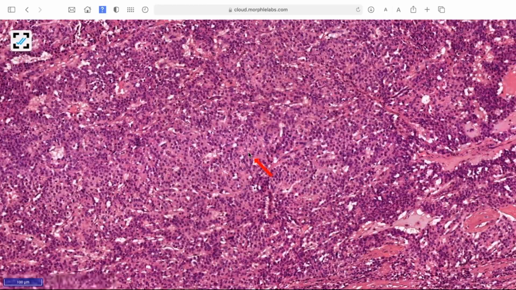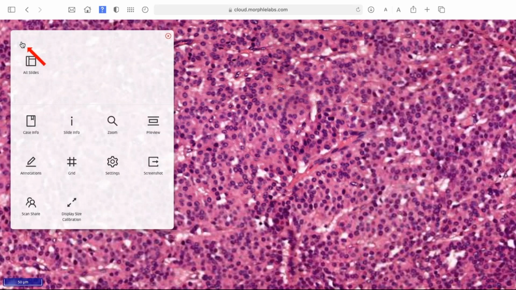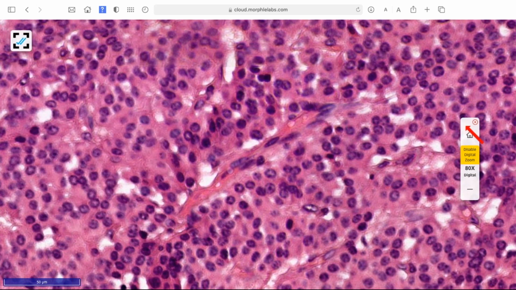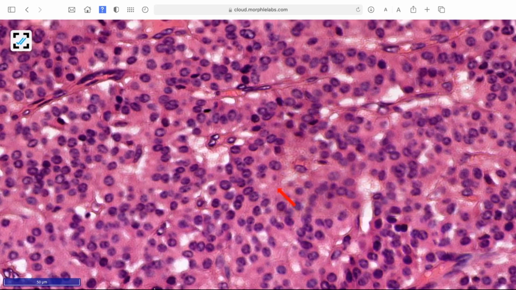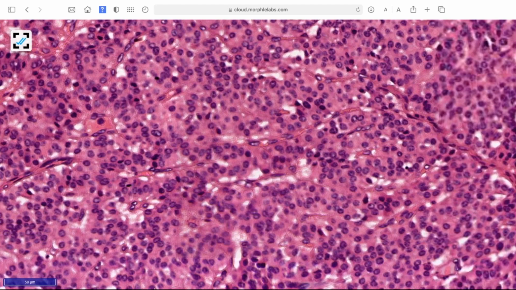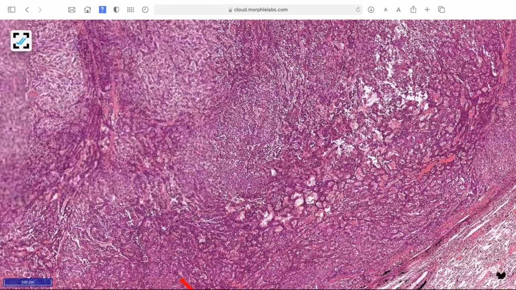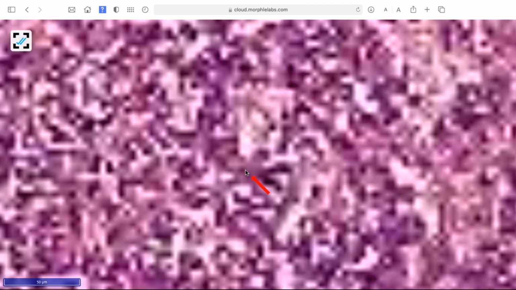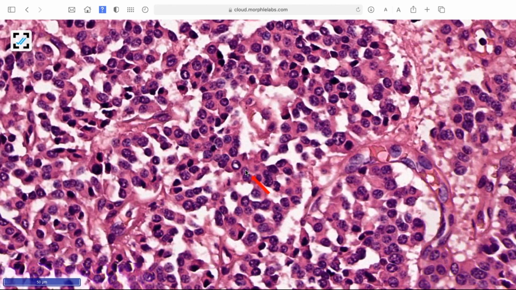It's the same. Okay. I want to go to higher power just to show you the salt and pepper chromatin pattern and the plasmacytoid cells. Not in good focus in this area. We go to low power, go to some other area. So the organoid pattern with the plasmacytoid cells.